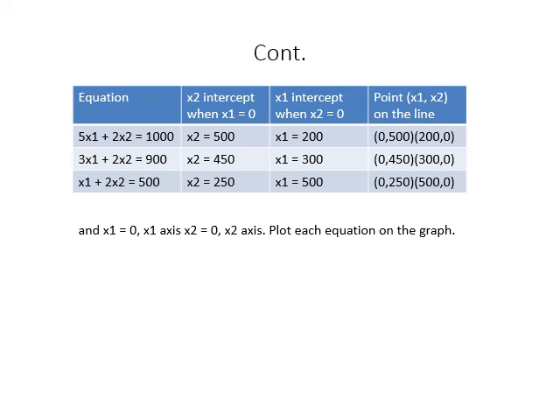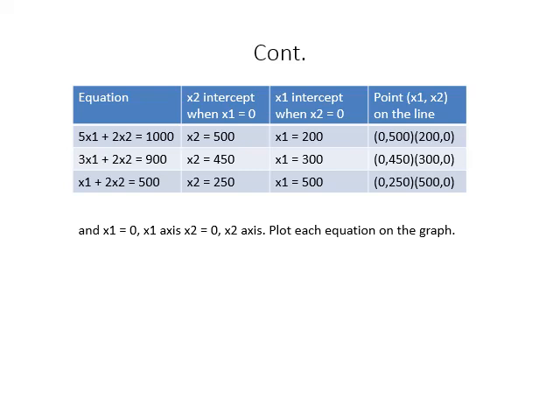When x1 equals 0, then x2 equals 500. When x2 equals 0, then x1 equals 200. The points of x1, x2 on the line are 0, 500 and 200, 0.